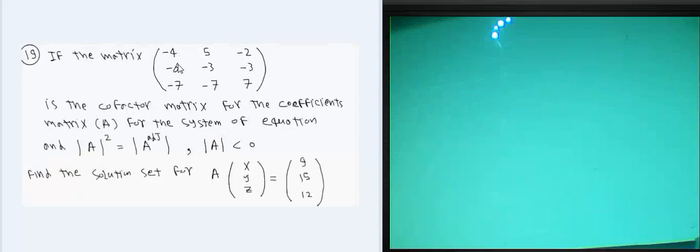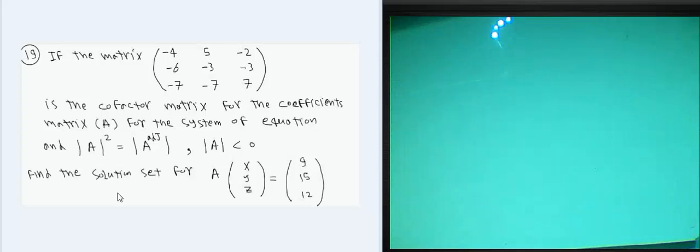Question 19. The matrix with rows (-4, 5, -2), (-6, -3, -3), (-7, -7, 7) is the cofactor matrix for the coefficient matrix A for the system of equations, and the absolute value of determinant A to the power 2 equals the determinant of A adjoint when the absolute value is less than 0. Find the solution of this equation.